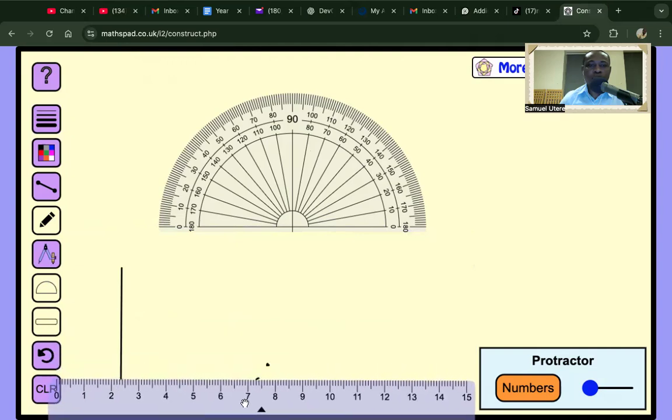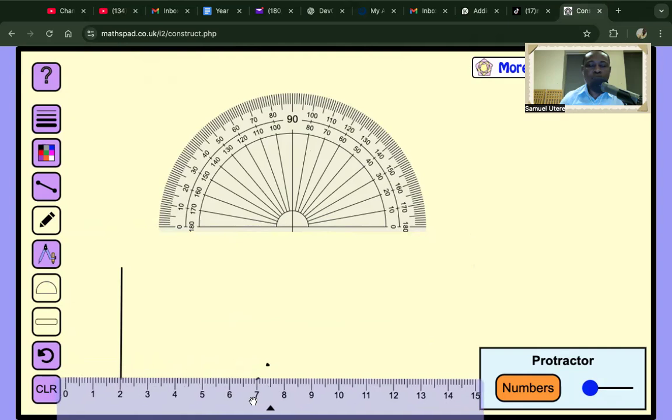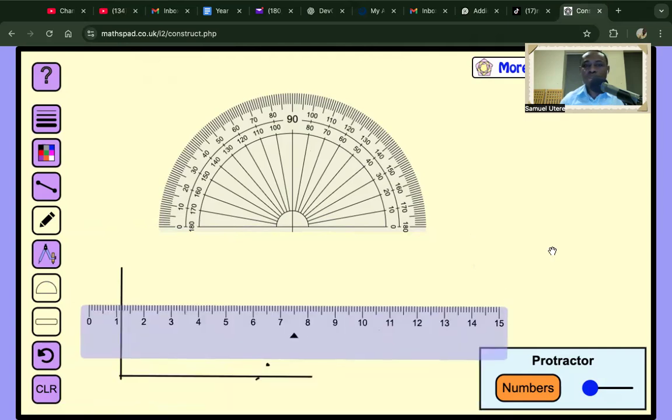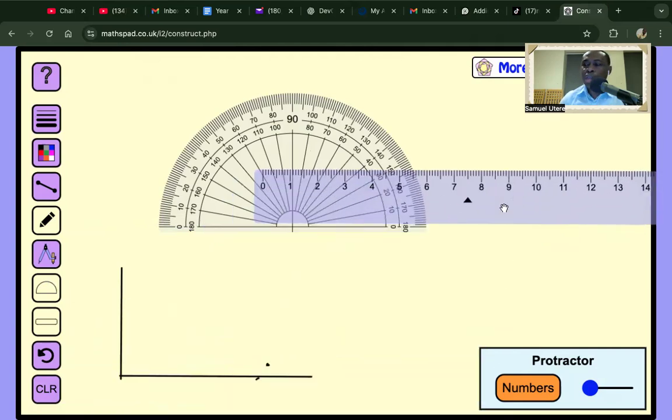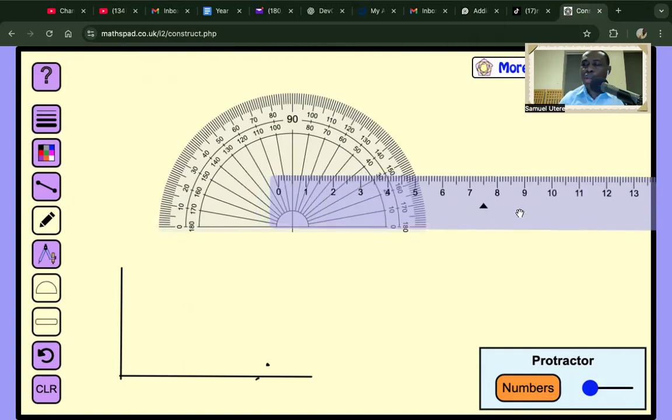So you position it there. And we want 7 centimeters. So I'm going to position it at 2. I'll still be able to measure 7 centimeter, but I'll make sure I get it up to 9, because to measure 7 centimeter from 2, you stop at 9. Okay. So that's our 7 centimeter mark. Next, we'll take our protractor, and then we want to measure 110 degrees at this point of the line.